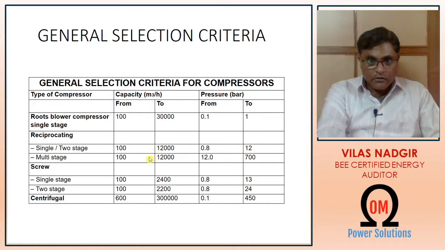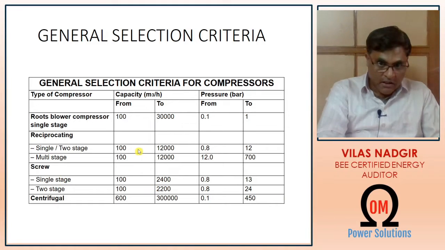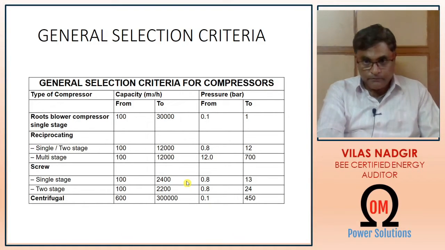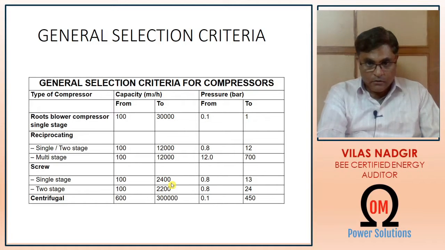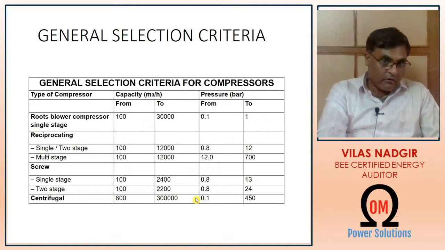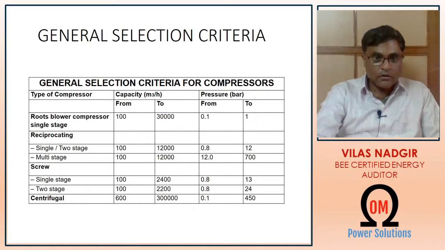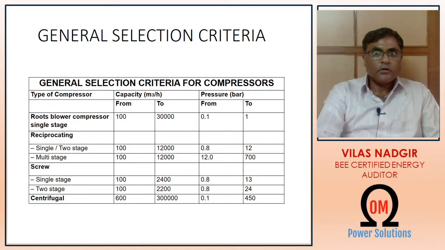You can even buy single stage screw compressors if your working condition is about 1500 cubic meter per hour. But going for a reciprocating compressor is quite beneficial to you because its efficiency is higher than other types of compressors, but other parameters also have to be taken into account.